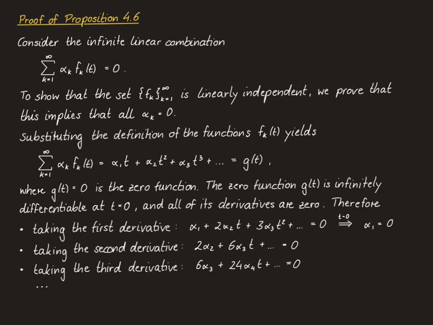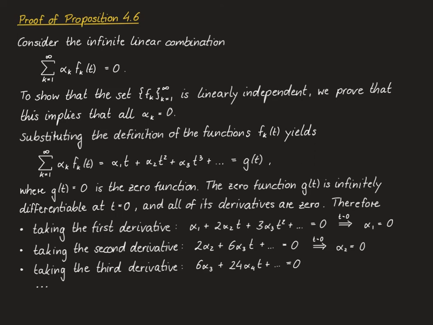Next, taking the second derivative of this infinite sum yields 2 alpha 2 plus 6 alpha 3t and so on. Again, this must be equal to the second derivative of the 0 function, which is 0. We can substitute again t equal to 0, so all of these terms from alpha 3 upwards drop out, and we're left with the condition that alpha 2 must be equal to 0.